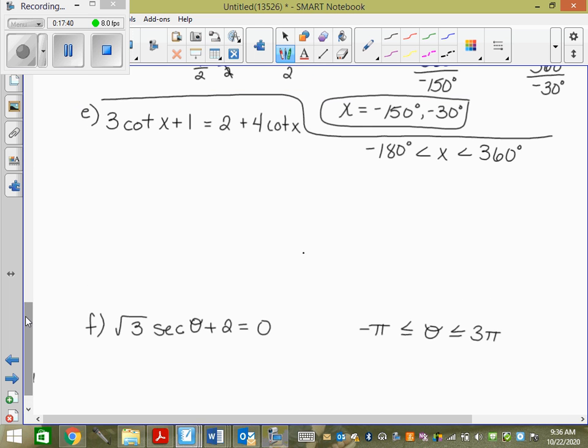So for this one, I'm going to let n equal cotan x. I'm going to get 3n plus 1 equals 2 plus 4n. Subtract my 3n. 1 equals 2 plus n. Subtract 2. n equals negative 1.